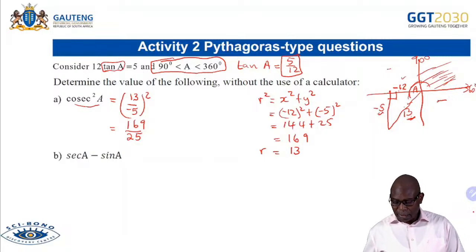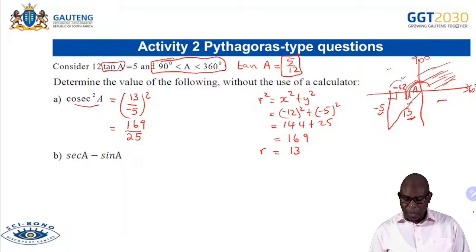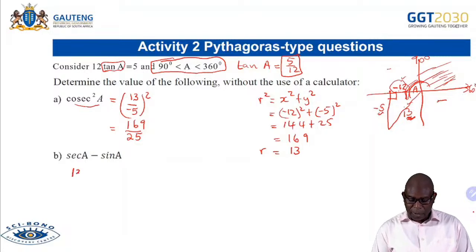Let's look at the sec. The sec of A, so sec is the opposite of cos. So our cos is negative 12 over 13. So sec will be 13 over negative 12. Right, and then the sine, we know already the sine is 5 over 13, which is a negative also, negative 5 over 13.